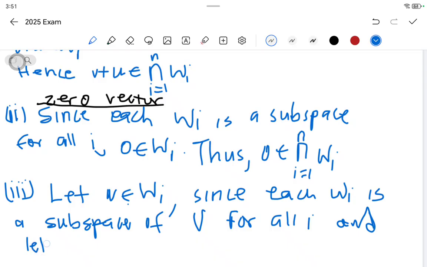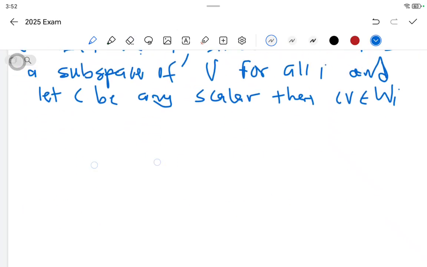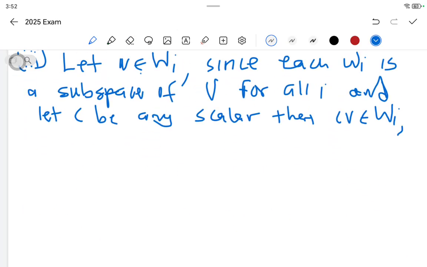Let C be any scalar. Then CV, oh, it was V, not U. This will be an element of Wi. So since CV is an element of Wi and Wi is a subspace, then indeed this will also be an element of its intersection.